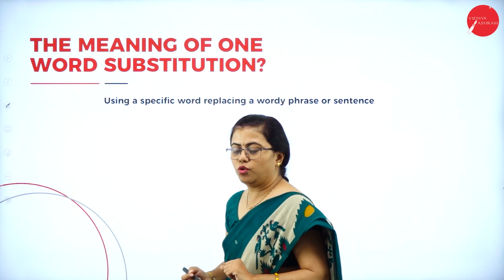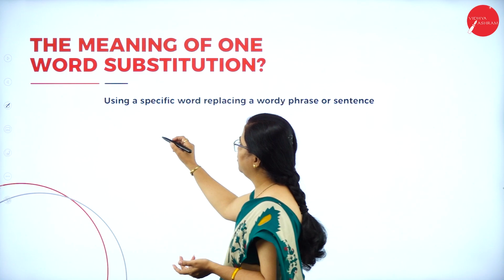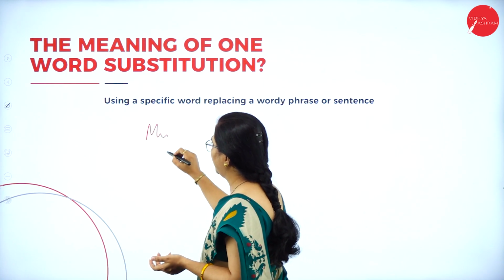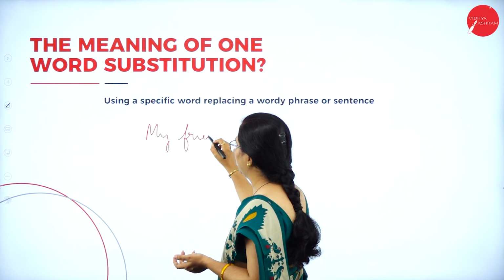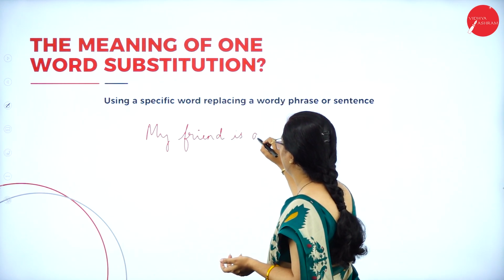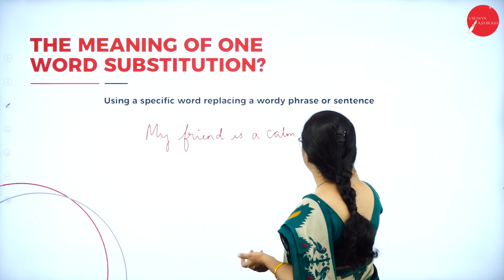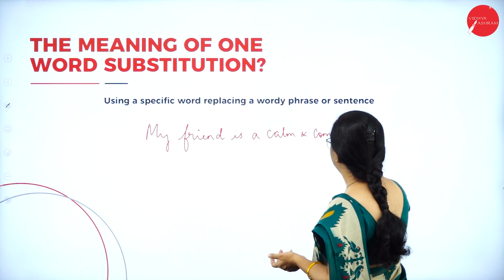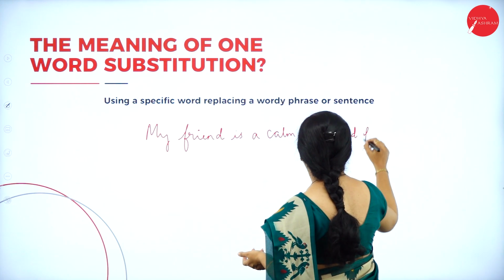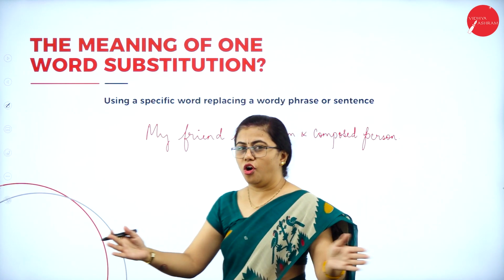I'll just give you an example of how you replace it. If you say, my friend is a calm and composed person, suppose you don't want to use such a long sentence.